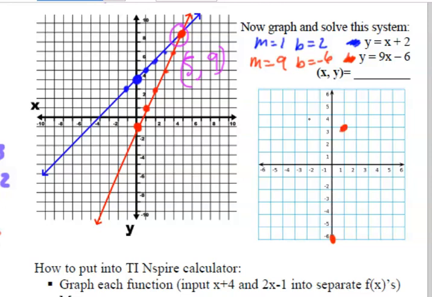And then let's do our b. Start at 2, up 1 over 1, up 1 over 1, and then draw your lines. Then we're going to draw our line to go through it. And then our red line.